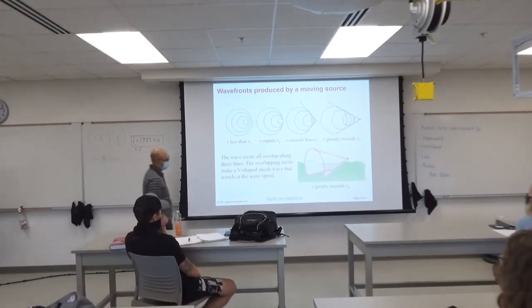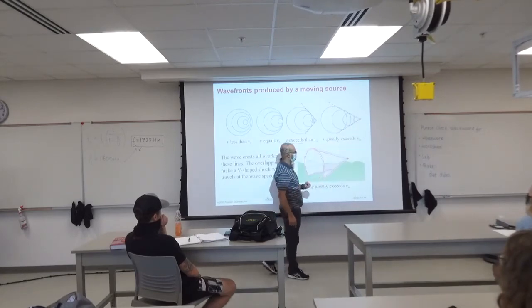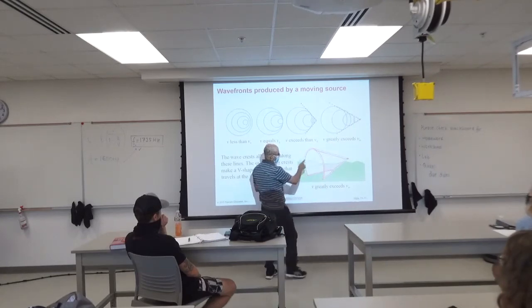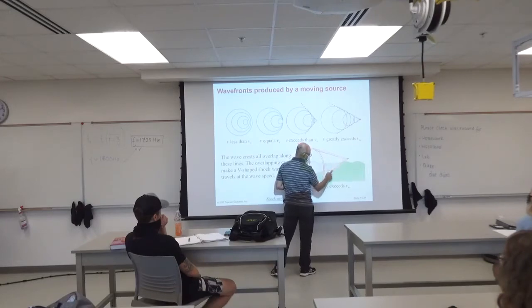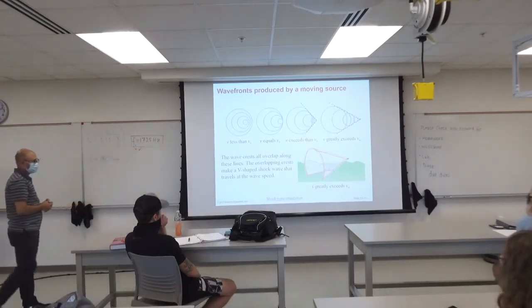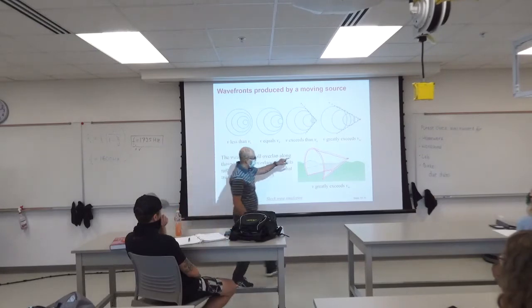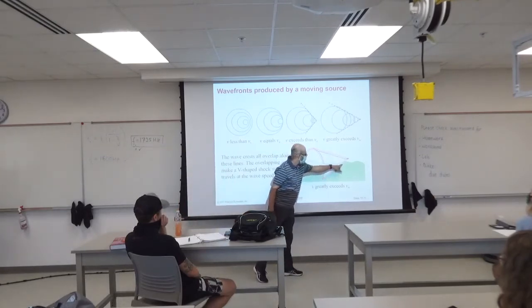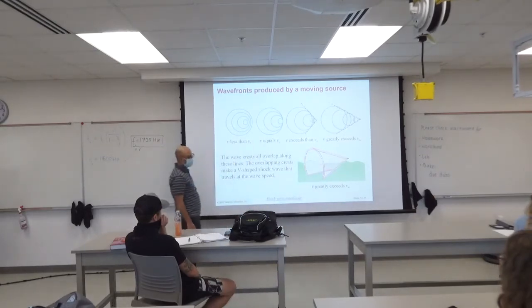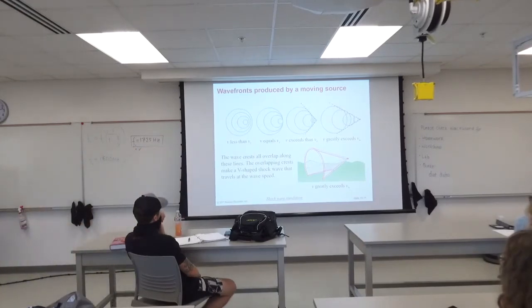That's what happens when the source travels much faster than the wave itself. At these boundaries, the waves meet each other and form a very strong wave. And if someone happened to be at the boundary on this part, the person will hear a loud sound. So let's see the video on that.